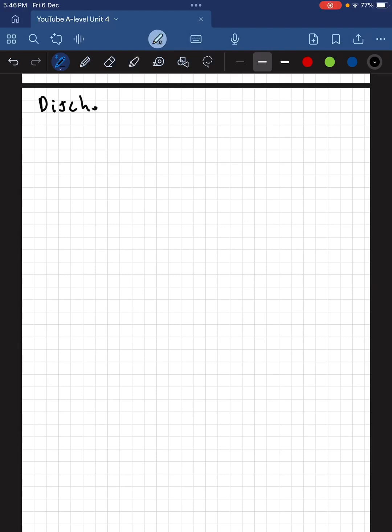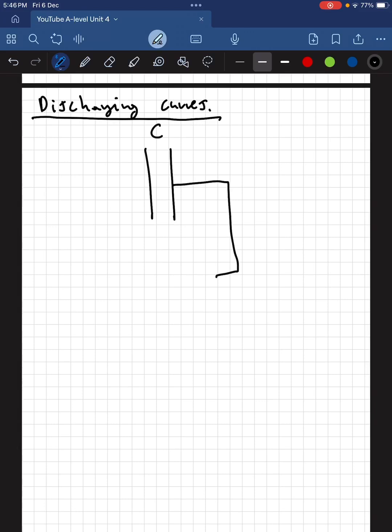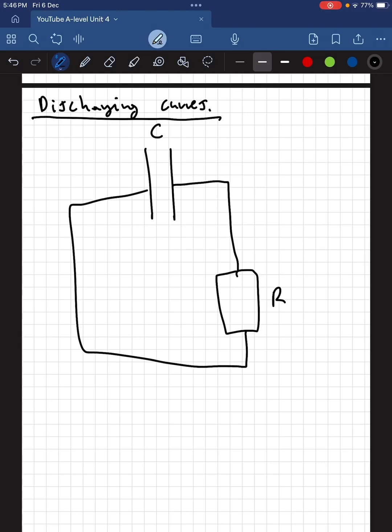So, discharging curves. The situation here is simpler. We have a capacitor which we assume is charged, a resistor, and we close the circuit. If we apply Kirchhoff's law again, as we move across the circuit, now we only have voltage drops. So it's a simpler situation.